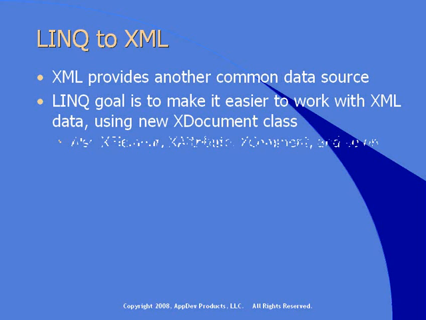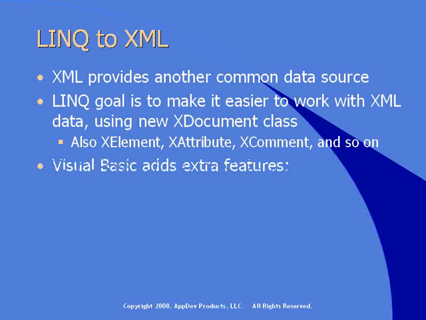The XDocument class and its friends, XElement, XAttribute, XComment, and so on, make life way easier when working with XML content, especially when you create XML content. In addition, these classes, XDocument, XElement, and so on, are the classes you'll receive when you use LINQ to query XML data. The LINQ query will hand back to you a collection of XElements or XAttributes or whatever.